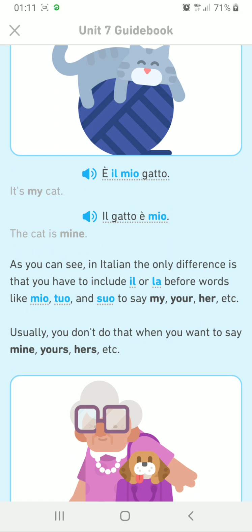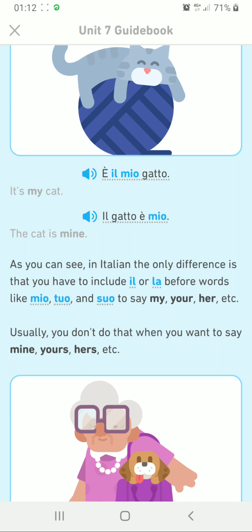So as you can see in Italian, the only difference is that you have to include il or la. Il is for masculine nouns and la is for feminine nouns, both in singular forms, before words like mio, tuo, suo. Suo, it's not zuo, it's suo.